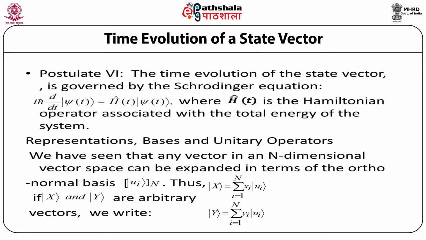The time evolution of the state vector is governed by the Schrödinger equation, that is, the time-dependent Schrödinger equation, which is given as iħ d/dt of ket vector psi as a function of t is equal to the Hamiltonian operator H as a function of t times ket vector psi as a function of t, where the operator H(t) is the Hamiltonian operator associated with the total energy of the system, and ħ is equal to h by 2π, where h is the Planck's constant.